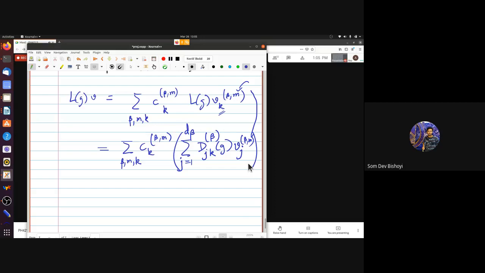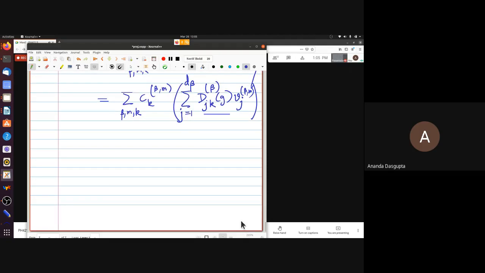Okay. Now you have one d_jk beta of g, right? I need the index j later, so I will just use the fact that this is a dummy to rewrite this as the sum over l equals 1 to d alpha of d_lk v_l. Okay, fine.